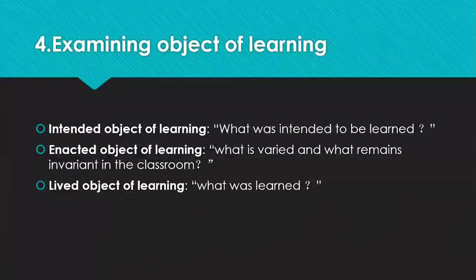So in the classroom, it's to say what is possible to learn based on the variation of dimensions experienced in the classroom. And the last one is lived object of learning. It's to see the object of learning from the view of the learner, to say what was learned at the end.